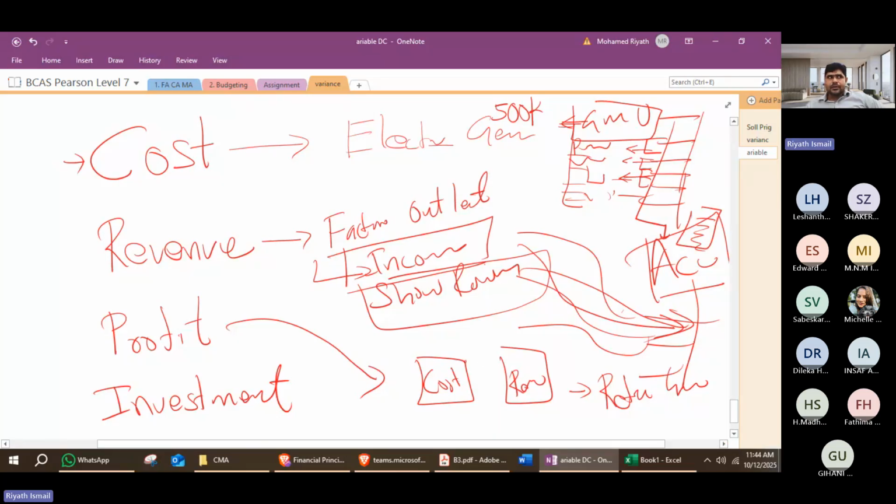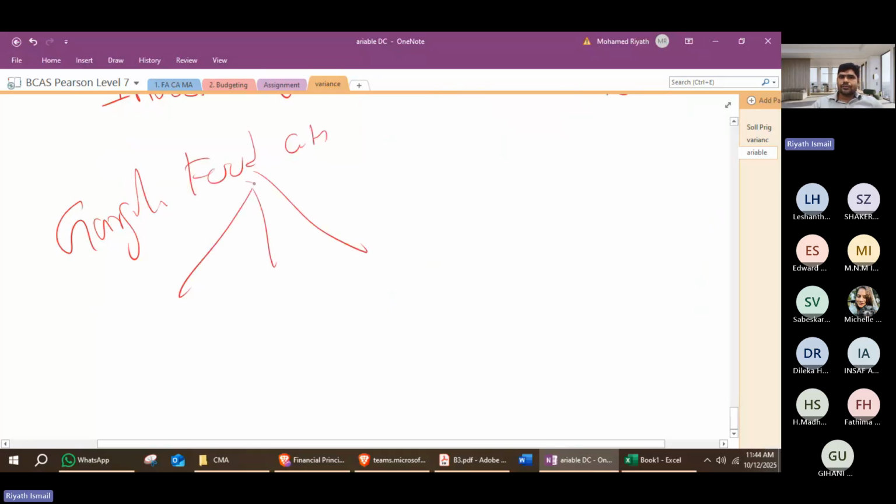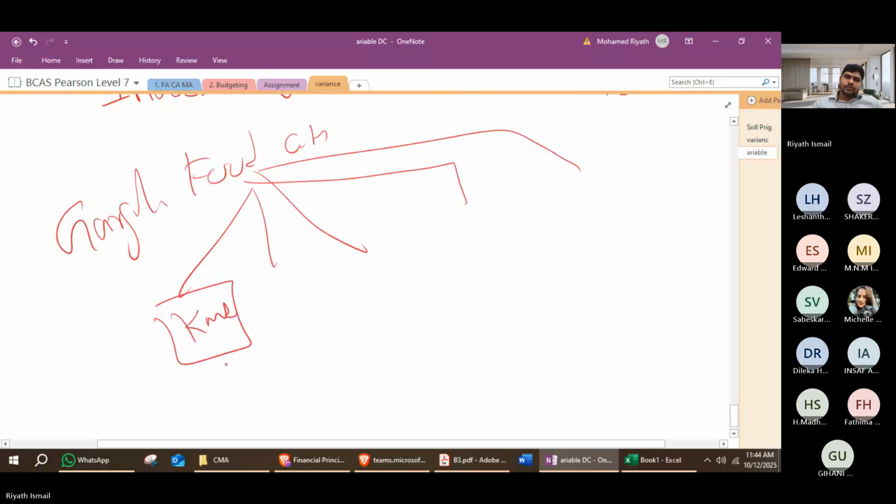Or let's take Cargill's Food City. It has a lot of centers. In Kandy, that's a store. It buys items for the store, for the supermarket, and sells them.